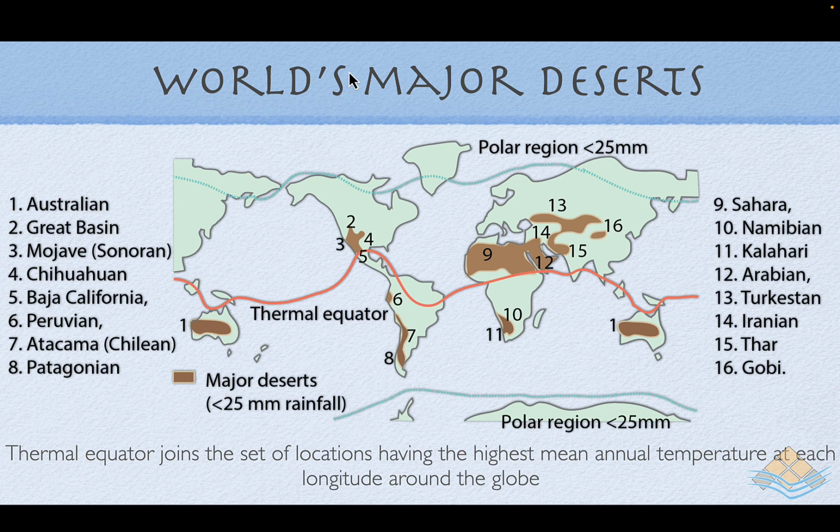Tied to that thermal equator, we have the various major deserts of the world. They're numbered 1 through 16 here, and you can see they're all centered in belts which are also controlled by atmospheric wind circulation, and they tend to be found in belts of cool, dry, descending air, known as the Hadley cells, which we'll discuss shortly.